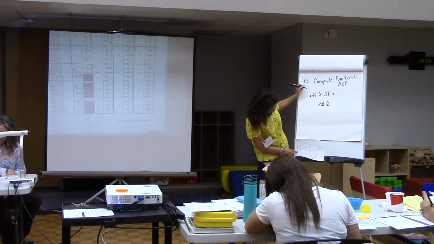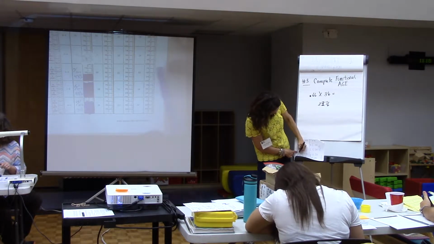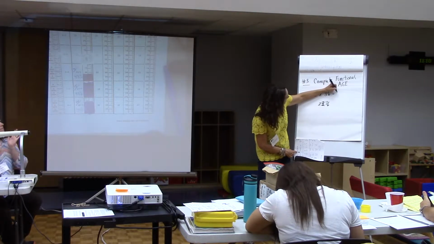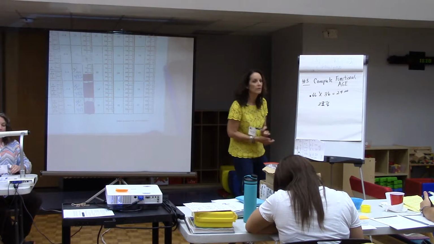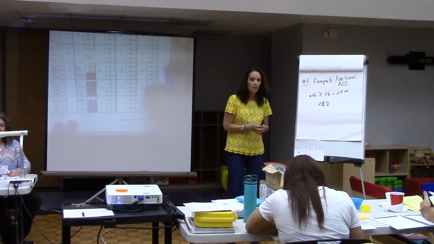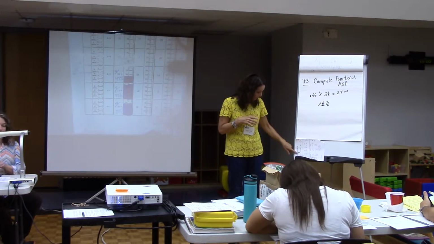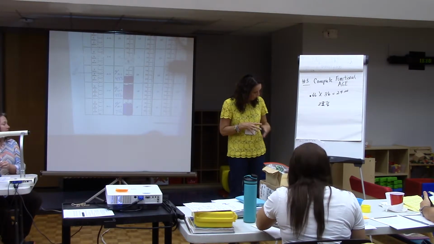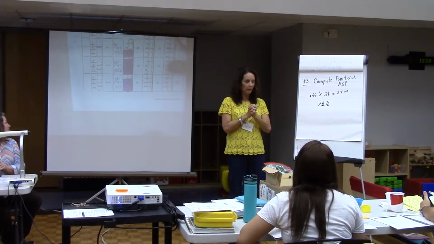Oh, I can't read my own handwriting there, because I have the right answer. I'm going to let you fix it on your yellow sheet in just a minute. So her functional age is 24 months. Y'all see how I got that? Please remind me to fix that; I have the right answer, I just can't read what I wrote.